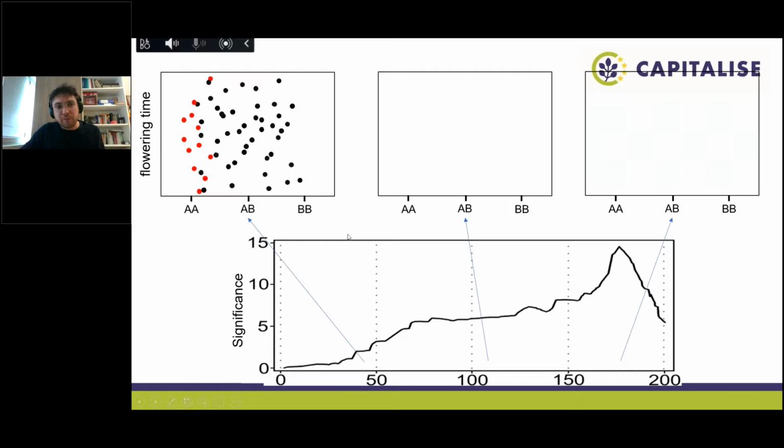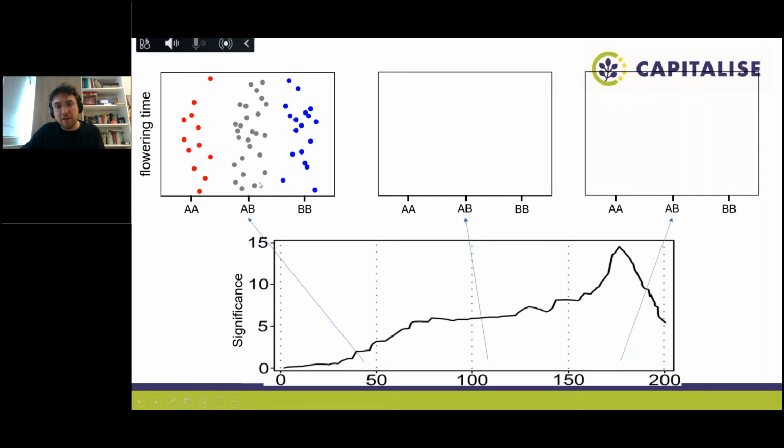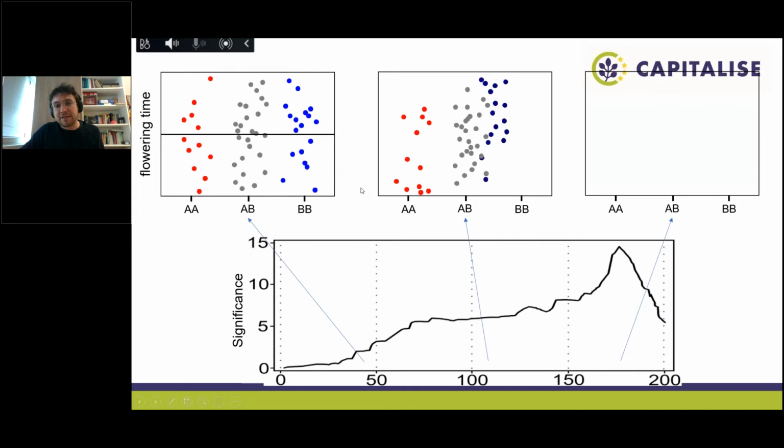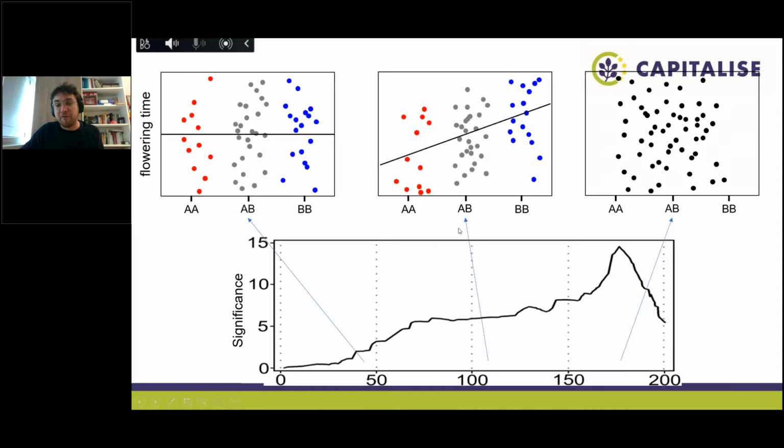Well, let me group the lines by their genotype. So I have the AA, AB, and BB, and I look at the phenotypic value that is present in each of these genotypes. And then I can try to fit a linear model or use other methods to see whether the effect of the allele is somehow associated with a different distribution of the phenotypic trait.